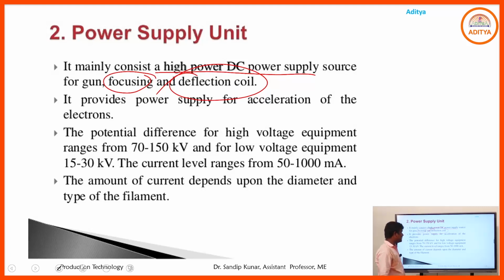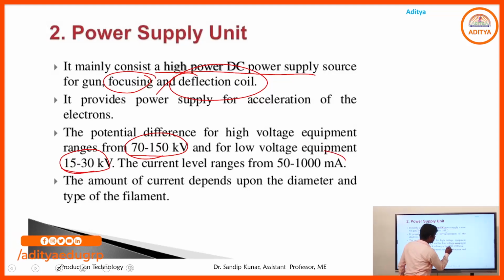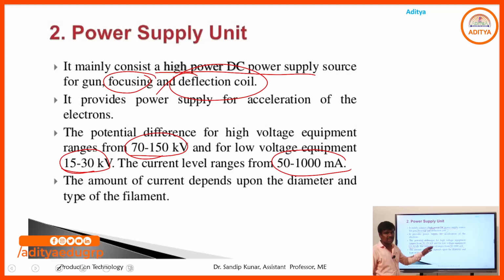The potential difference of high voltage is 70 to 150 kilovolt. In case of low voltage equipment, we use 15 to 30 kilovolt. And the current level varies from 50 to 1000 milliampere. Not ampere, means current will be 50 to 1000 milliampere.